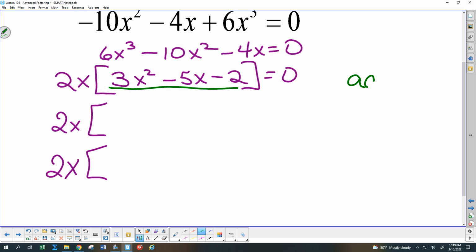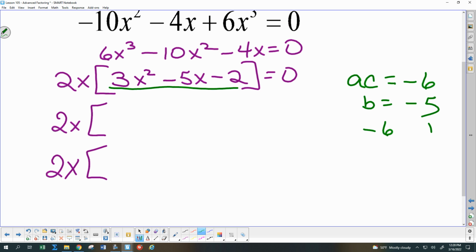So A times C for the part I underlined in green is going to be what, everybody? Everybody good with -6? The 3 times the -2. What do they have to add up to? -5. So raise your hand if you can tell me 2 things that multiply to be -6 and add to be -5. -6 and +1.